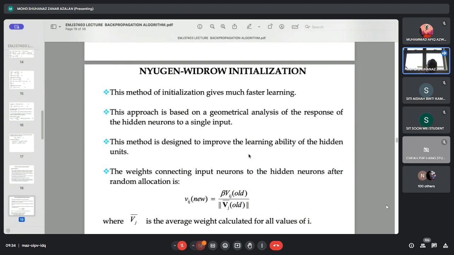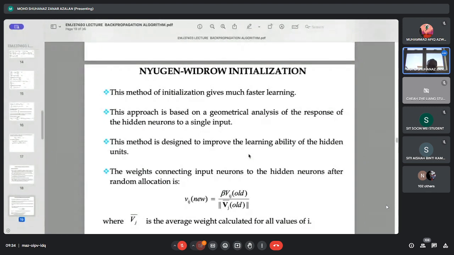If you have very big data, sometimes one type of initialization method can be so slow in updating the weightage. That's why many researchers have come up with new algorithms to initialize the weightage.